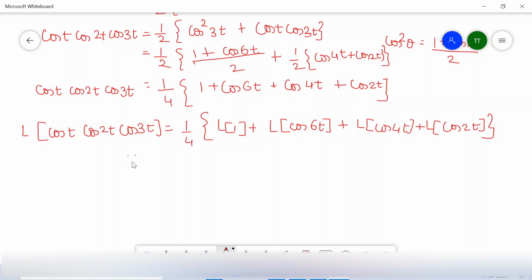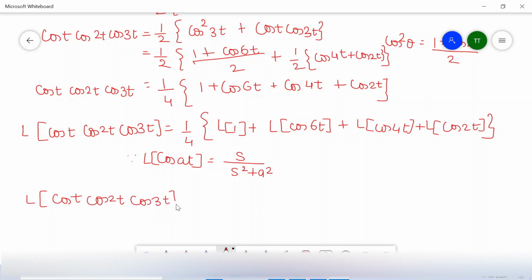Okay, since we know that the Laplace transformation of cos at will be s upon s square plus a square. What is a here? a is any constant.